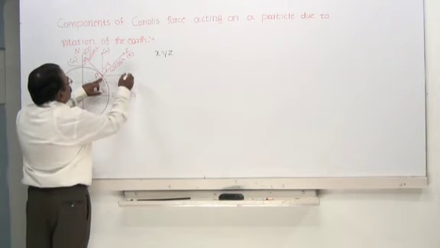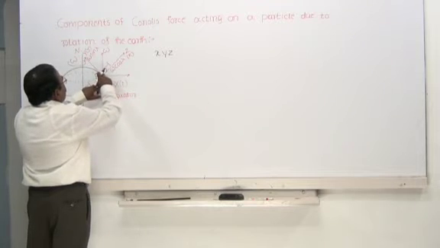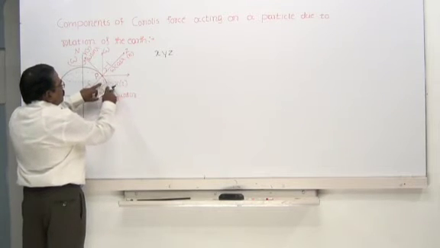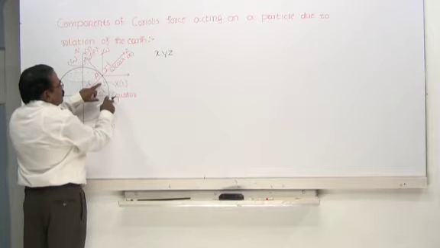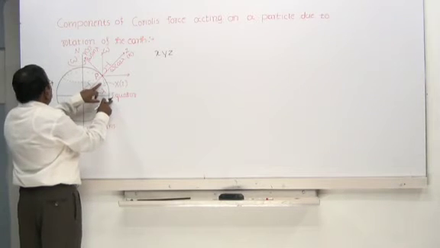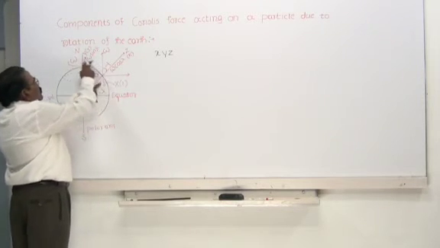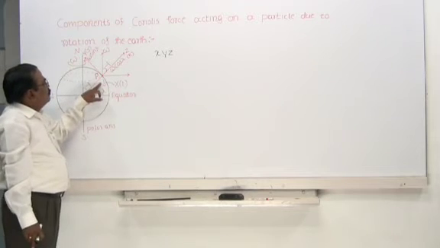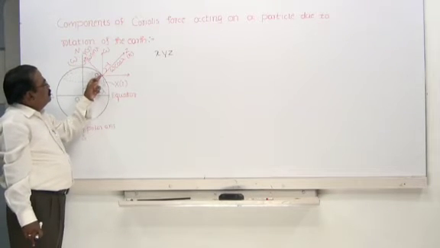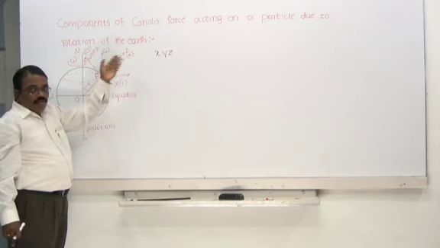This is the x-axis pointing towards east, this one is the y-axis, and z is radially outward, vertically outward.